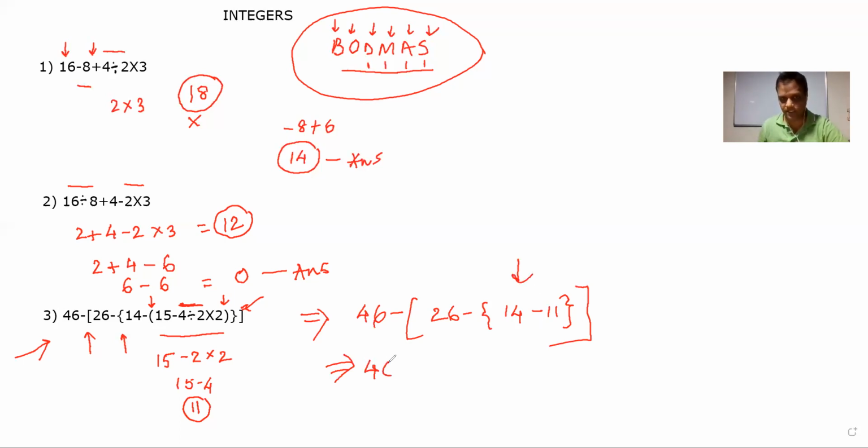So I'll write 46 minus big bracket 26 minus, what is this? 3 and big bracket close. Now finally, the last square bracket, which is 46 minus, we know this is 23. And finally, the answer is 46 minus 23, which is 23, which is the final answer.